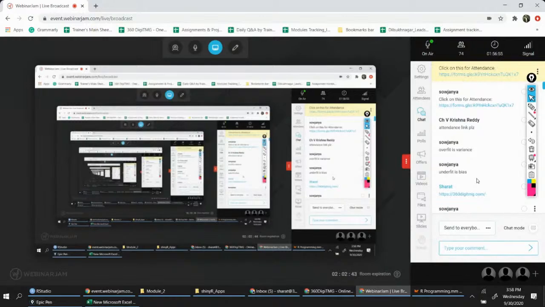You don't want to add any additional features. So that's called bias, which represents underfit. Hope you can map it now. Anand, that was for your question. Saujanya also messaged there. Underfit is bias, overfit is variance.